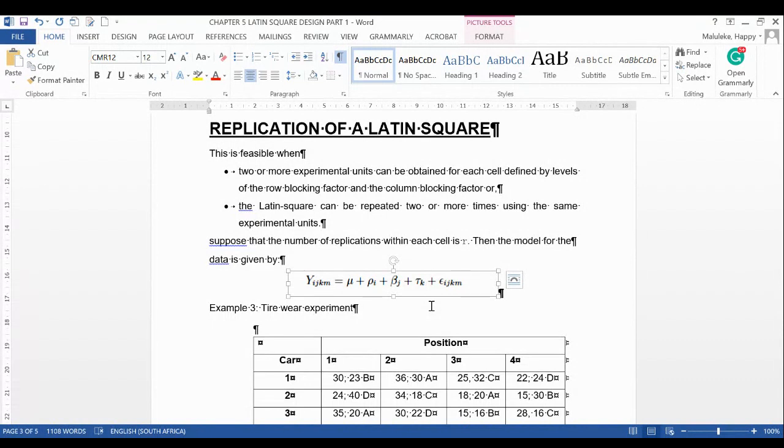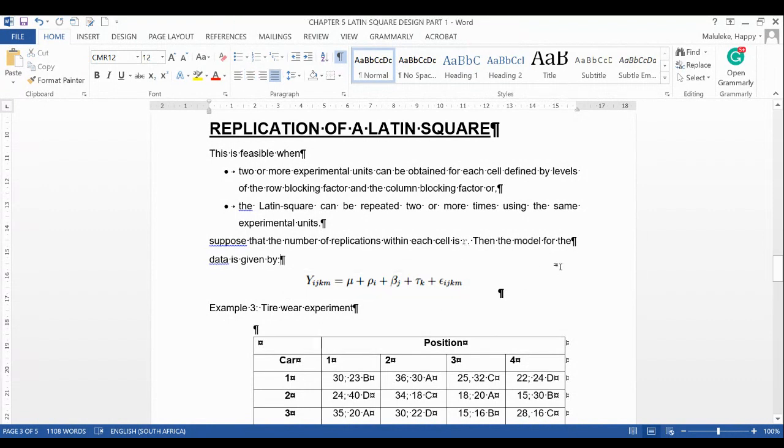Because your I will go with the rows, your J will go with the columns, the K will go with the treatments. But now because we have replication, I still goes with the rows, J with the columns, K with the treatments, and M will go with replication. Are we fine with that?